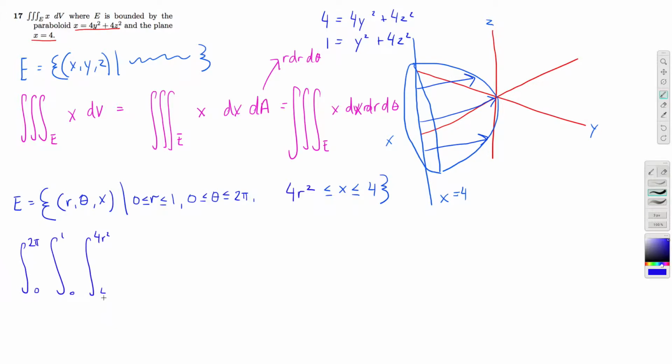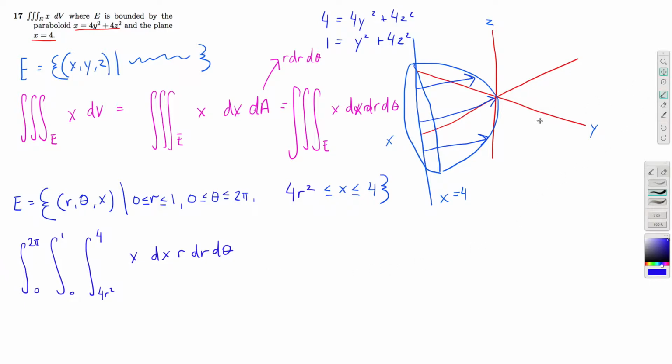This is where you're going to screw things up: the bigger number goes on top, and your bigger number is 4. Your smaller number is 4r squared. Then you've got x dx r dr d theta.